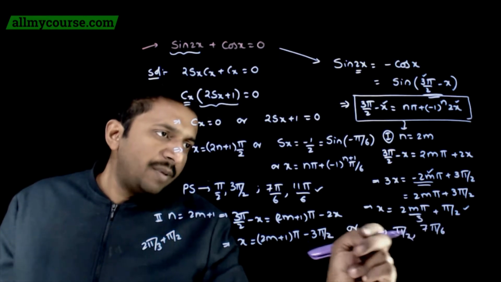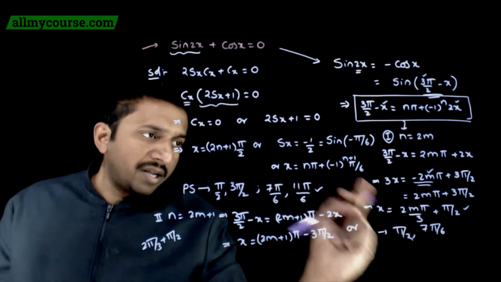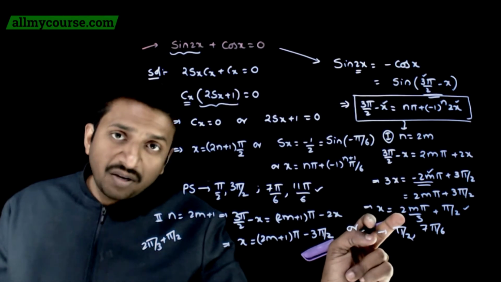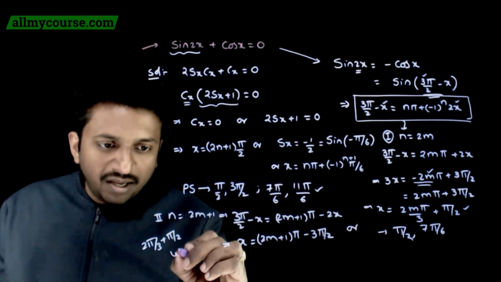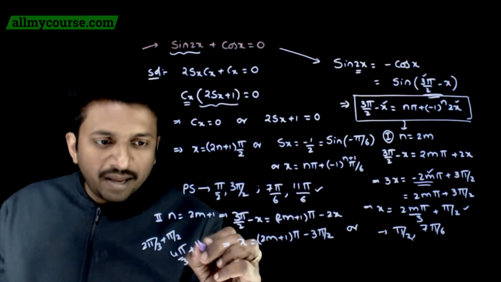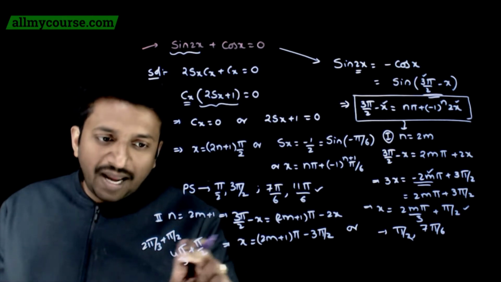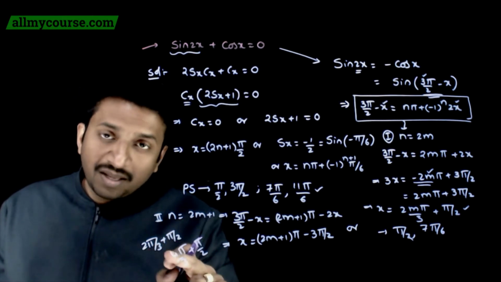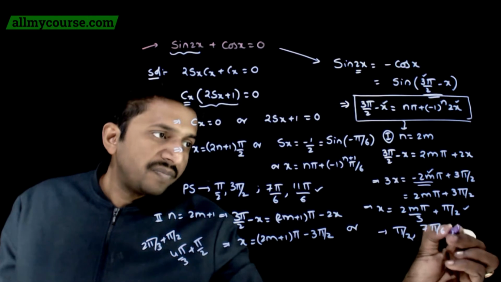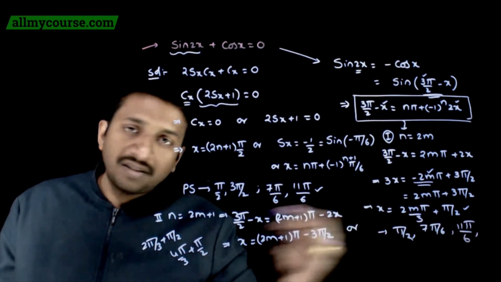For 0 you got pi by 2, for 1 you got 7 pi by 6. If you put m is equal to 2, 4 pi by 3 plus pi by 2, you're getting 8 pi plus 3 pi, that is 11 pi by 6.